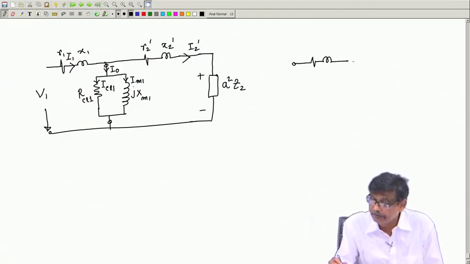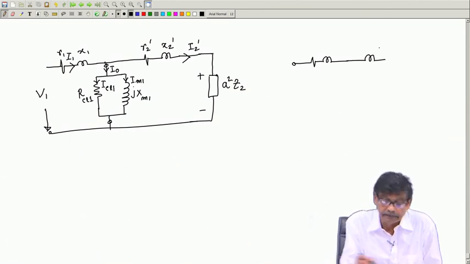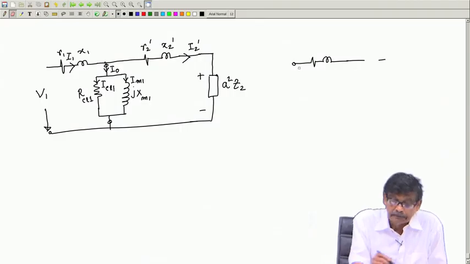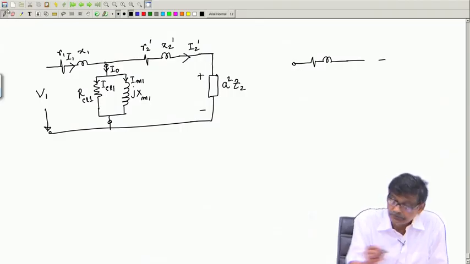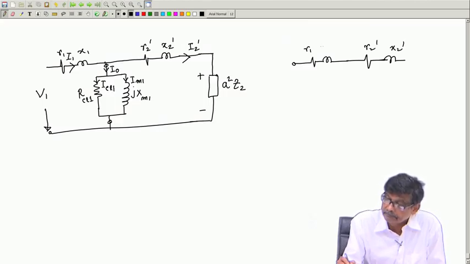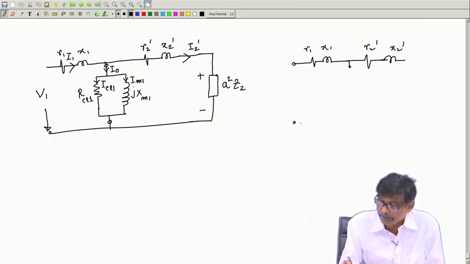So, R 1 X 1 and R 2 dashed X 2 dashed, and this one I have removed. I know I am making a mistake.